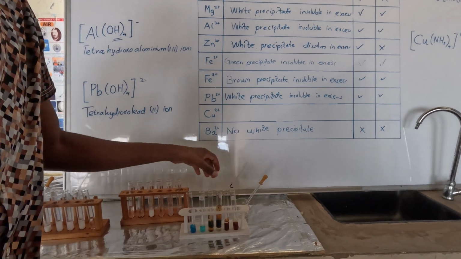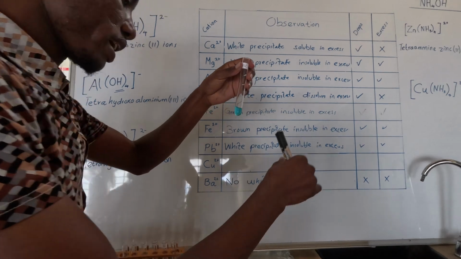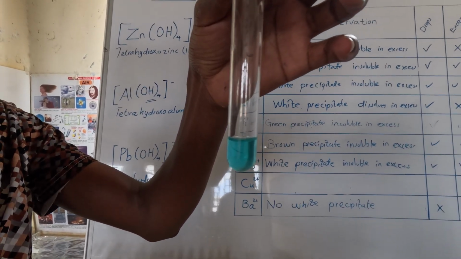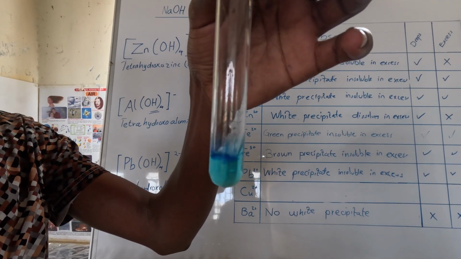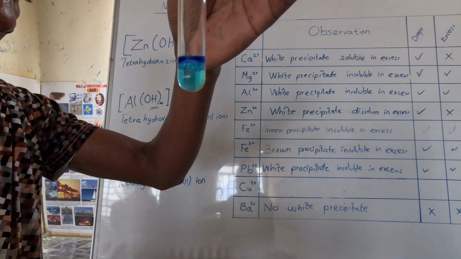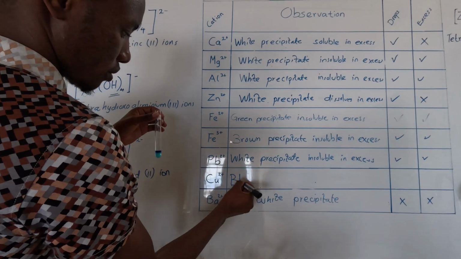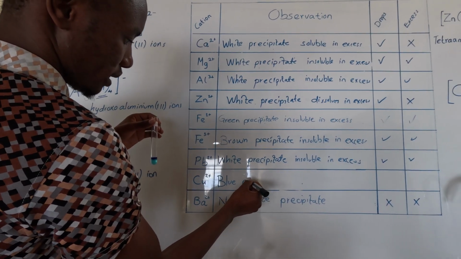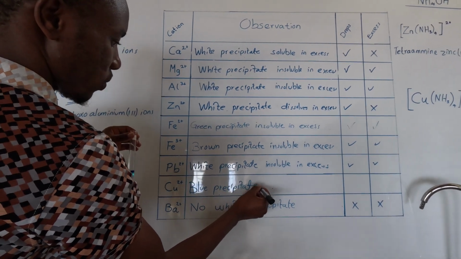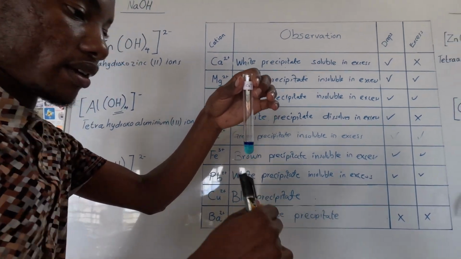Now copper(II) is blue in color. We're going to add a few drops of ammonia. So there is a blue precipitate. And then what will happen if we add excess ammonia?